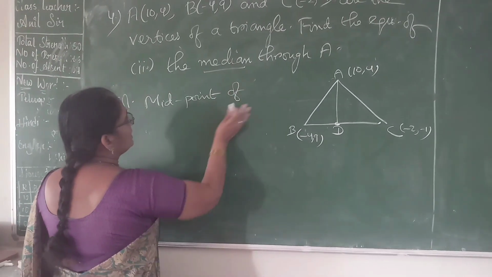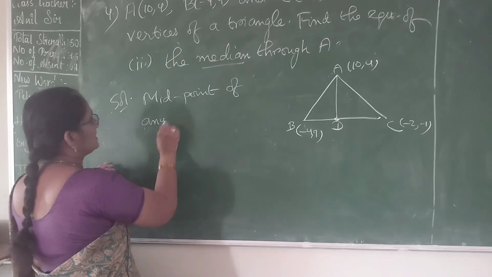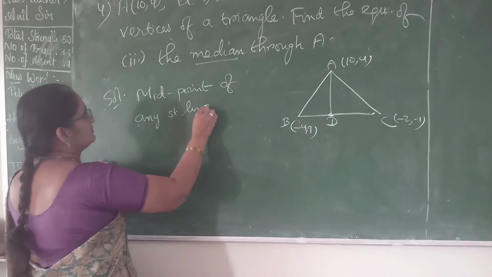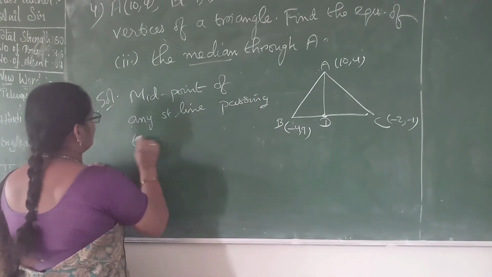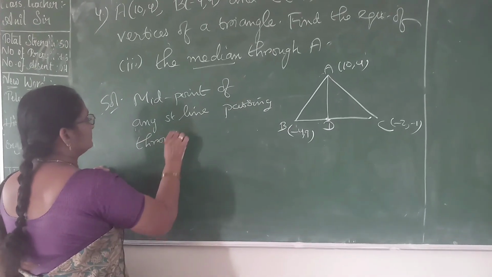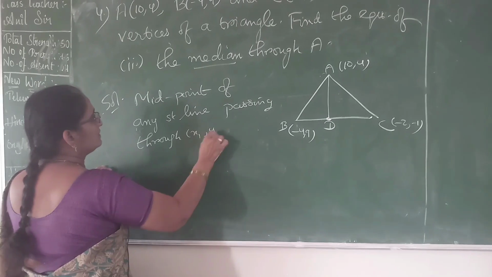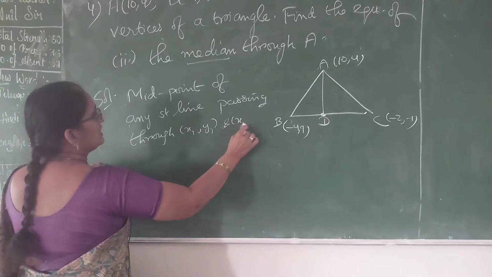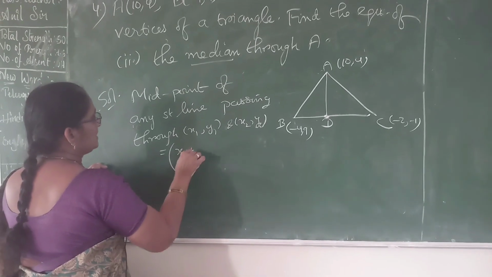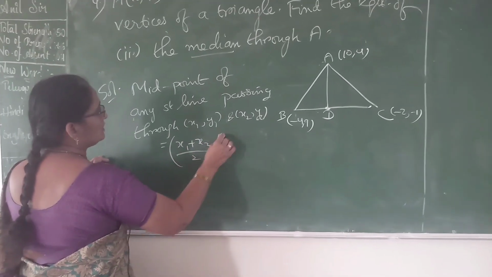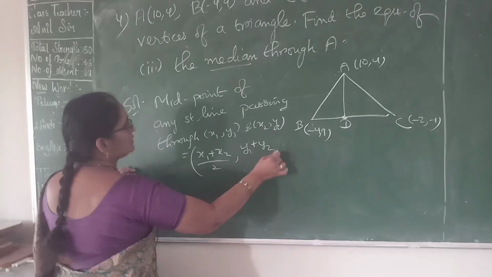The midpoint of any straight line passing through x1, y1 and x2, y2 is (x1 plus x2) by 2 comma (y1 plus y2) by 2.